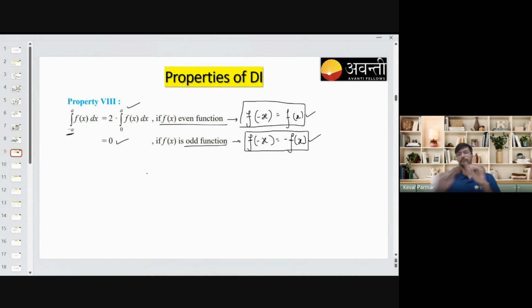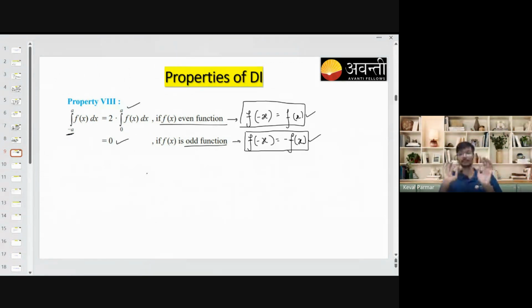Now, I have a very good example from the previous JEE Main, where all these properties, King, Queen, and this even odd property, are used in the same question.